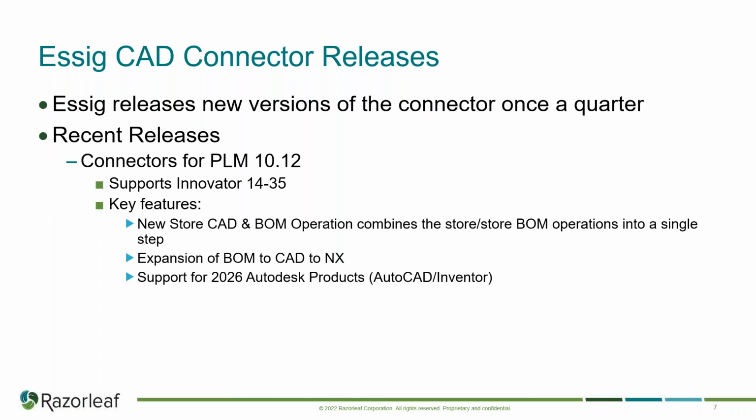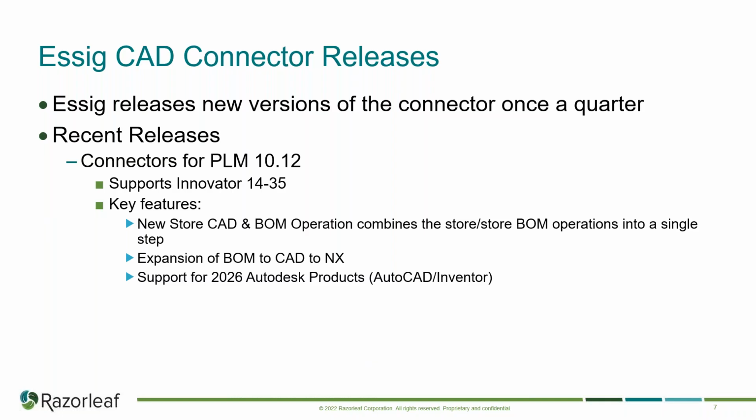The new store CAD and BOM operation combines the store CAD and store BOM operations into a single step, which can really cut down on your initial register process, as well as checking in any edits to that. Those of you at the ACE conference, or if you keep up with Essig's webinars, might be familiar with the BOM to CAD functionality.